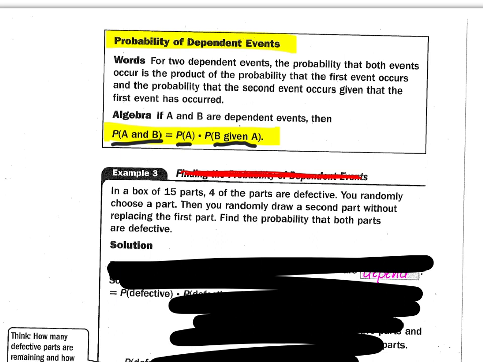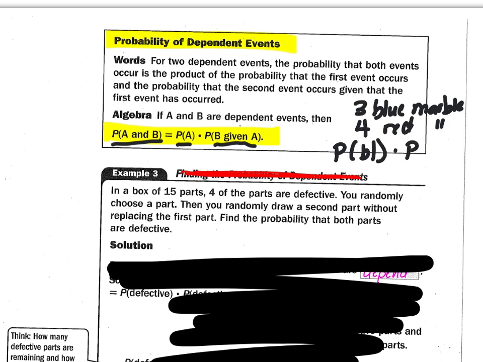Okay, if I have 3 blue marbles and I have 4 red marbles, and I do not have replacement, what's the probability that I draw a blue one, followed by the probability that I have a red one.